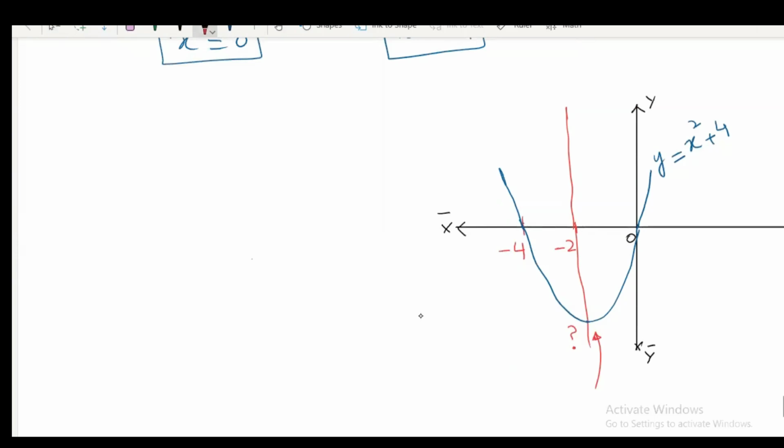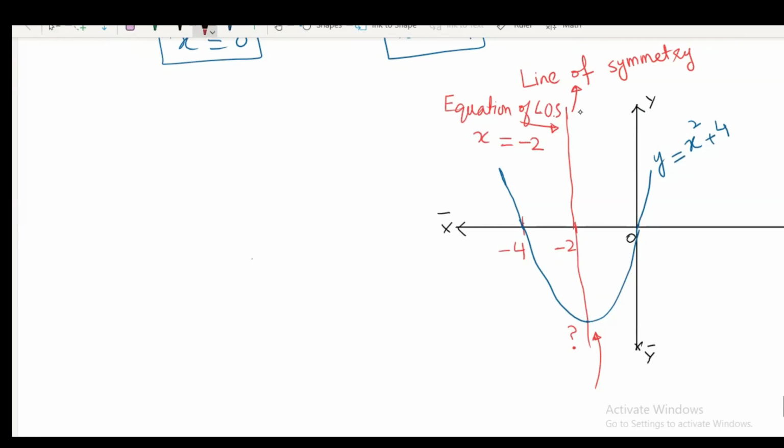This is the line of symmetry, and its equation is x equals minus 2. Be careful, LOS is not the abbreviation for line of symmetry. So the equation is x equals minus 2.